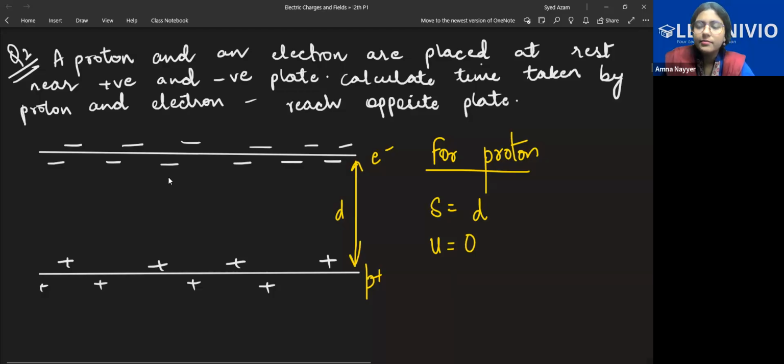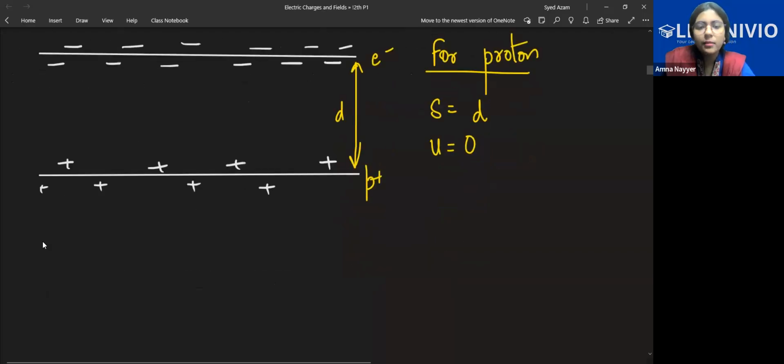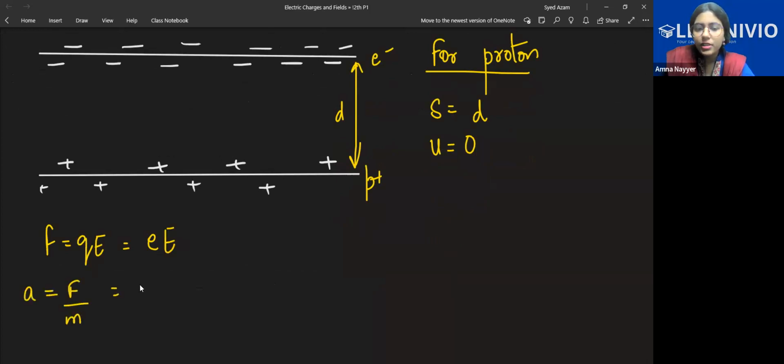See, class, when we are talking about the force on the charged particle, it is actually Q into E. Now for proton, we know the charge is e and electric field is E. So when we are using acceleration is force by mass, force is e into E by m. So for us, acceleration will be eE by mass of proton, because I'm talking about proton right now.